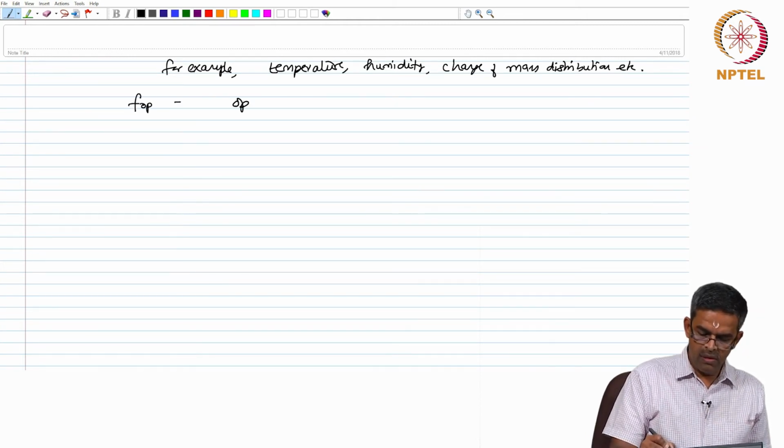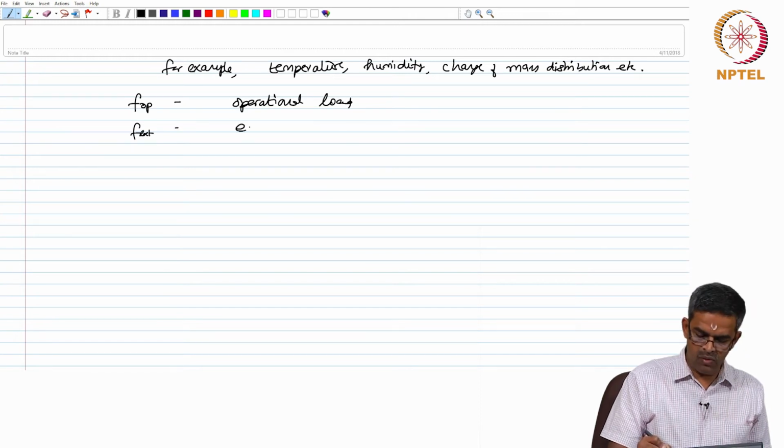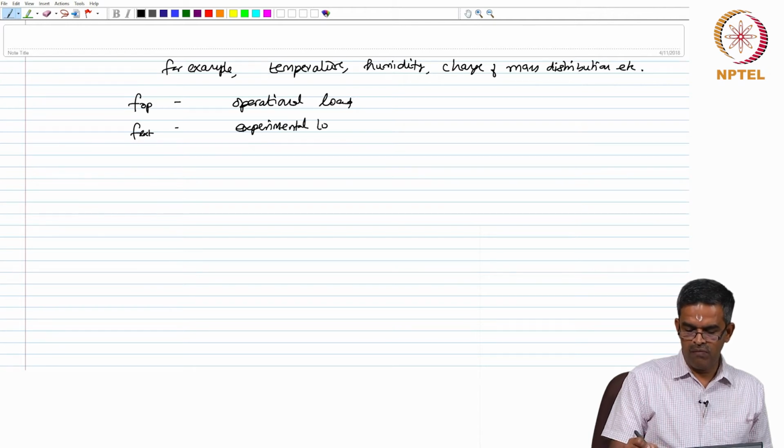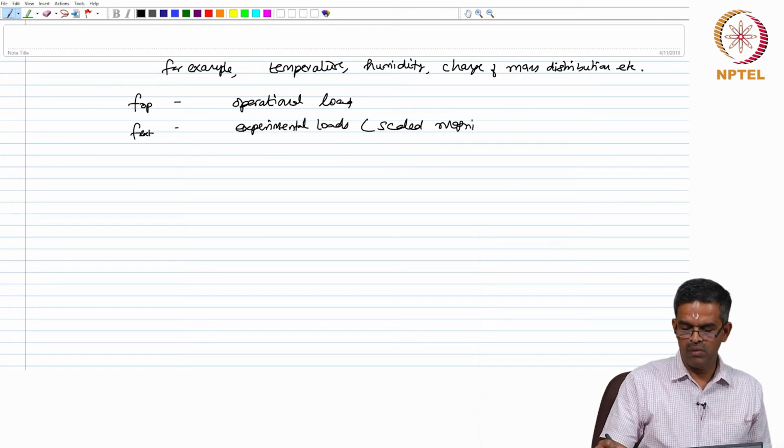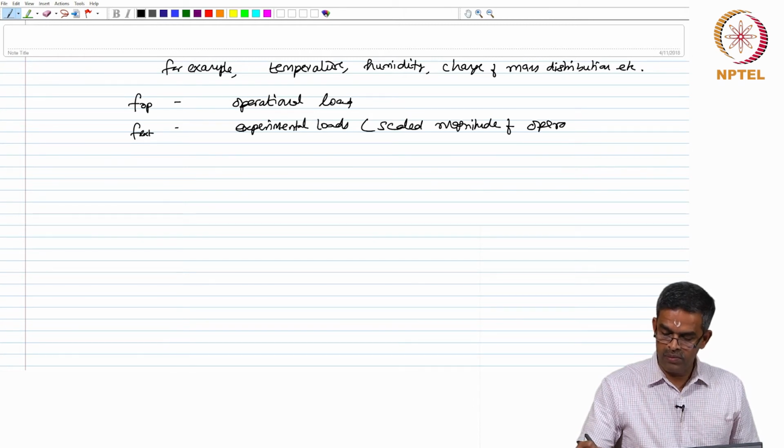F operational refers to operational load and F experimental refers to experimental loads, which are essentially scaled magnitude of operational loads.